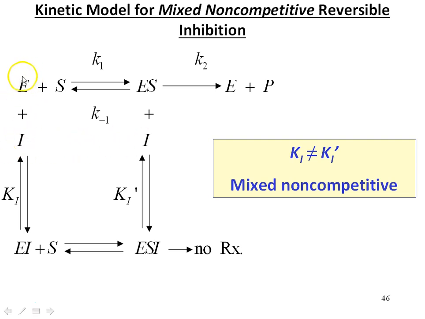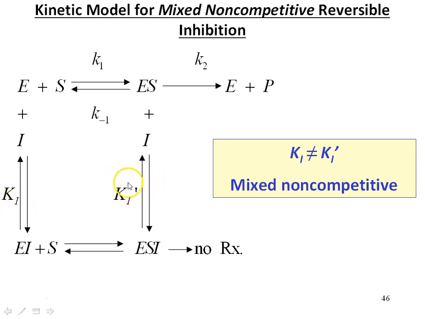So the inhibitor can complex the free enzyme with one dissociation constant, and it can bind the enzyme substrate complex with a different dissociation constant.